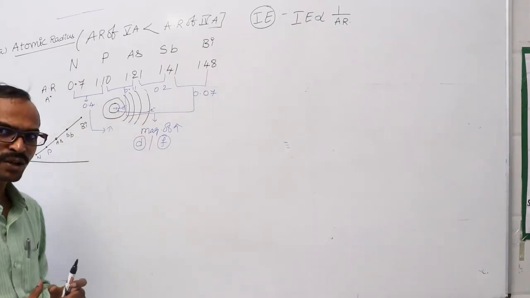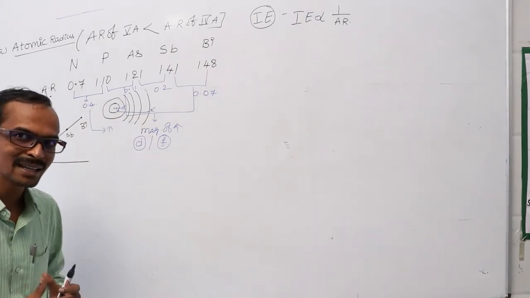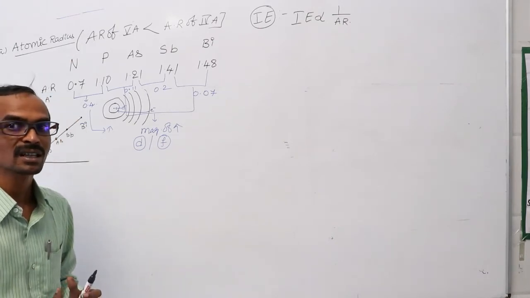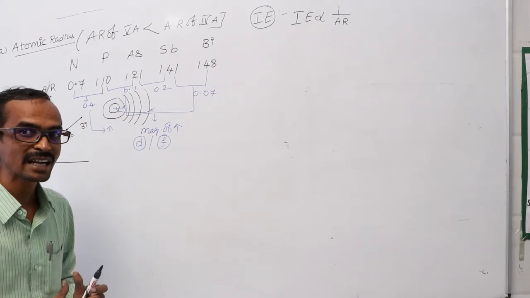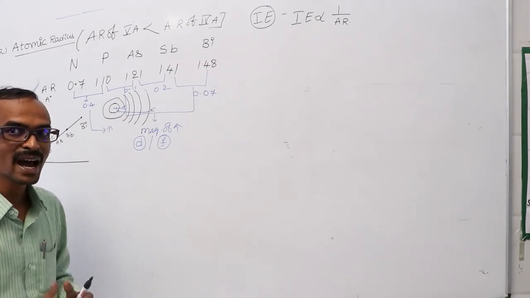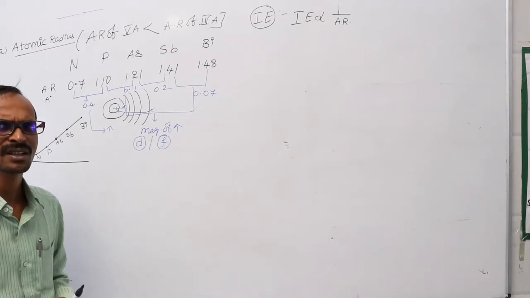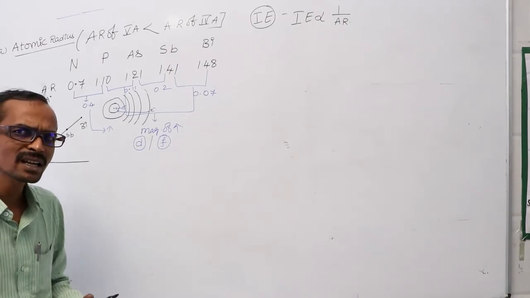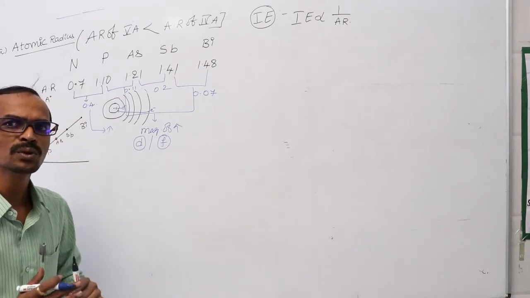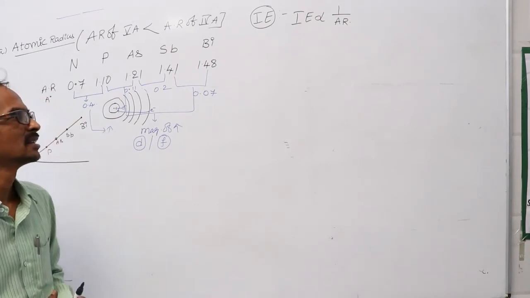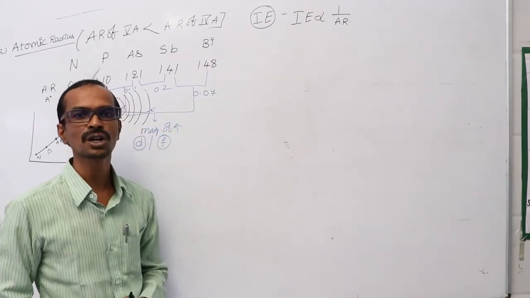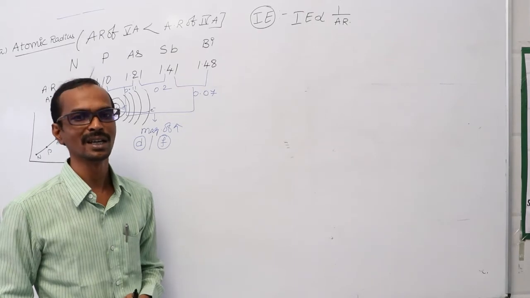That means the effective nuclear charge acting on the valency electron decreases as the atomic radius increases. Then, if we expend less energy, we can remove the electron easily. That is why the ionization energy is inversely proportional to the atomic radius.